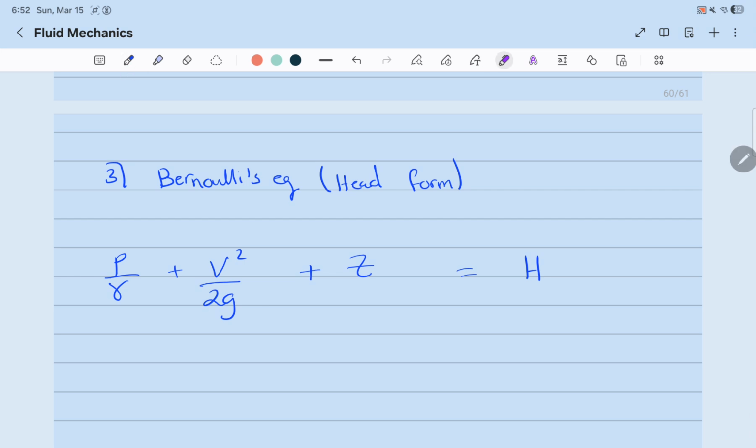It's also made out of three terms. The first term is the pressure head. The second term is the velocity head. And the third term is the elevation head.